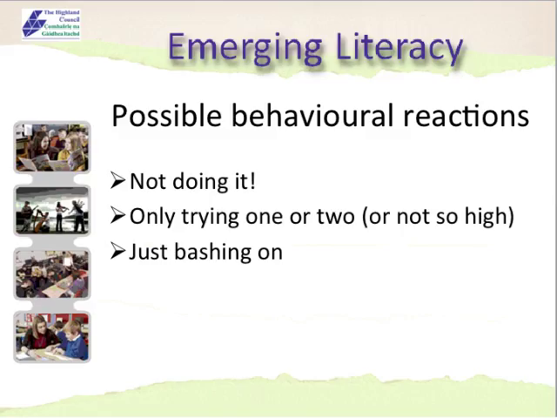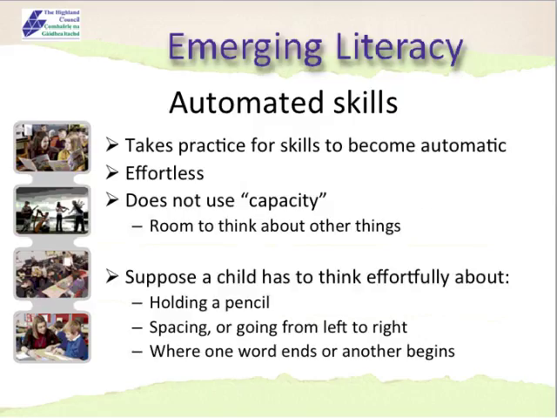And this is why automating skills through practice is so important, because they become effortless and don't use capacity in the brain. And that means that the child has room to think about other things, like what they were wanting to say, or space in their mind to comprehend the text that they're reading.